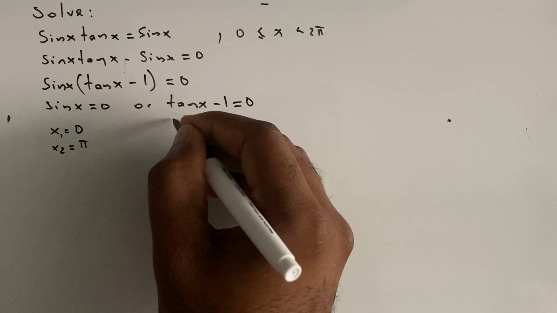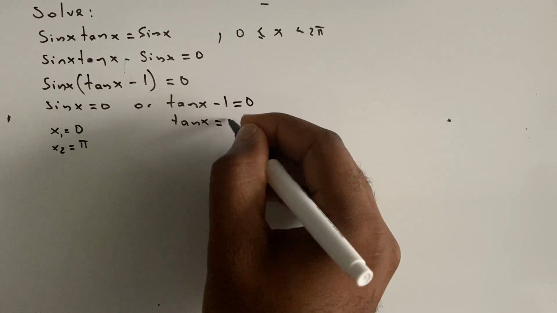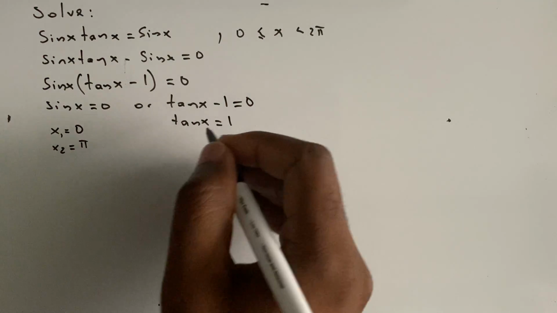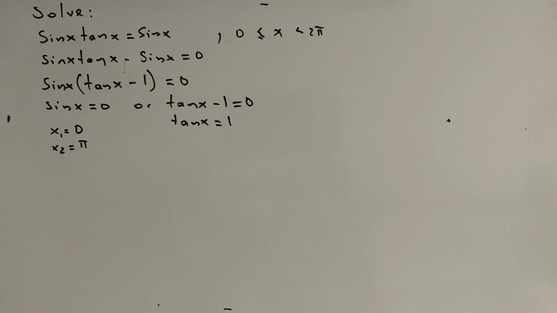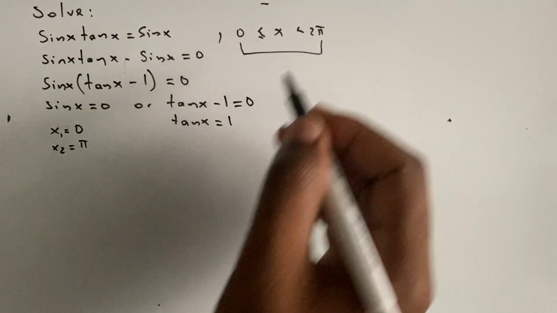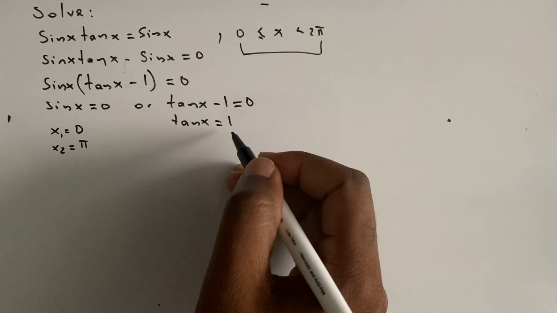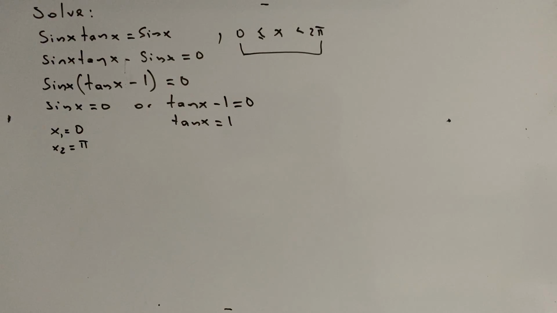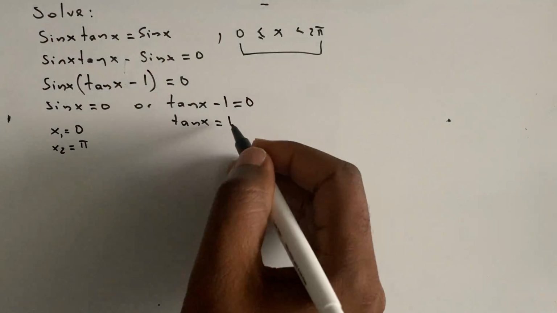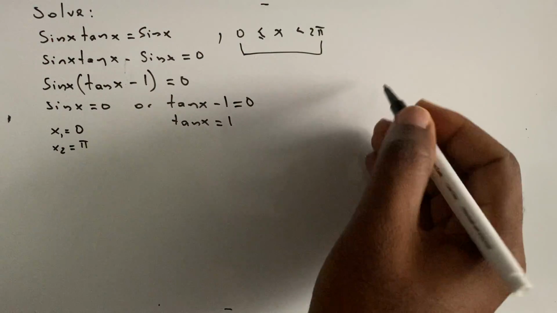Now if you move the 1 over, you have tangent x equals 1. So now you need the angle or angles within this interval whose tangent would be 1. An angle like this, we know, is in the first quadrant, now positive 1, so the angle should be in the first quadrant or in the third quadrant.